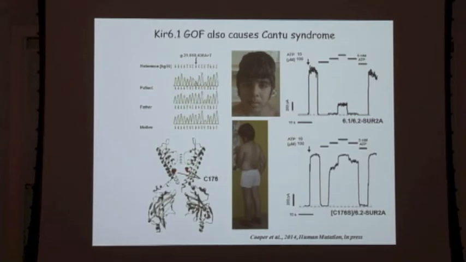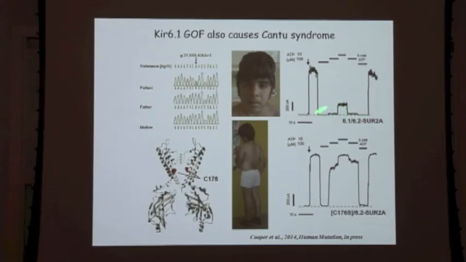I mentioned that for technical reasons it's not easy to look at Kir6.1. The channels disappear in patches. It's very hard to find them. But what Paige Cooper, who just graduated with her Ph.D., figured out was that by mixing Kir6.1 and Kir6.2 to make heteromeric channels, we could get robust currents that were stable. I'm not showing you all the average data, just some raw traces.